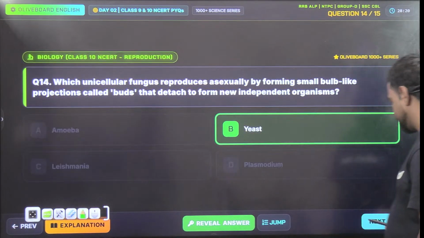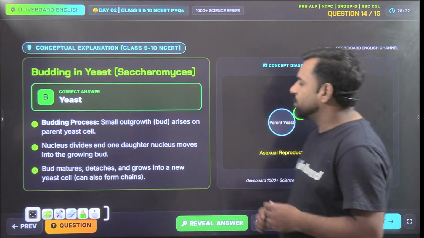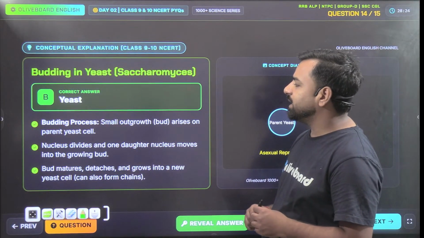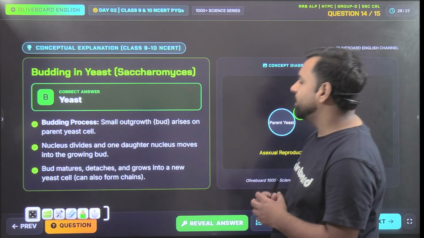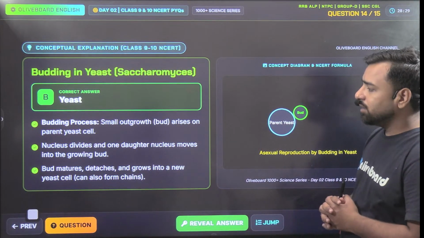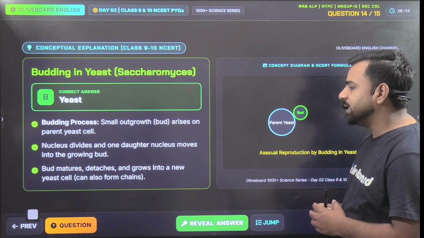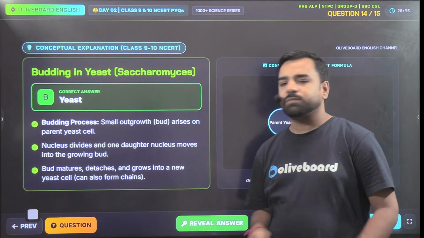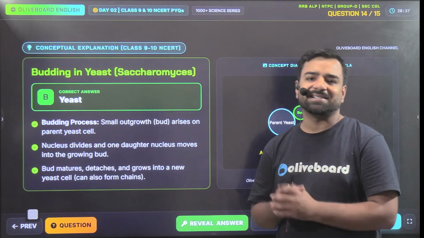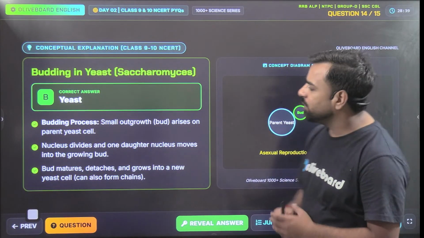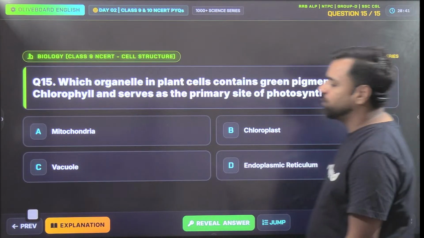Small outgrowth, that is bud, arises on the parent yeast cell. Nucleus divides and one daughter nucleus moves into the growing bud. Bud matures, detaches and grows into a new yeast cell, and it can also form chains. So yeast is the answer.